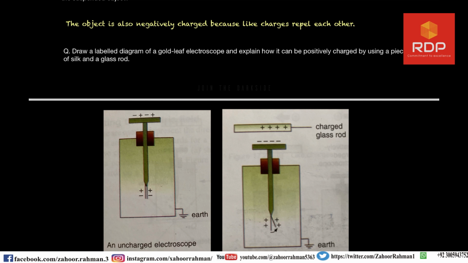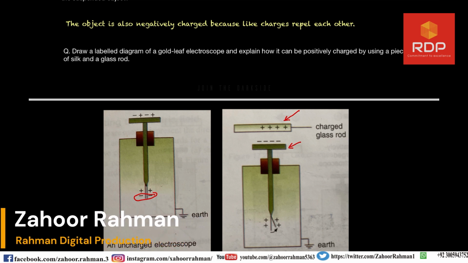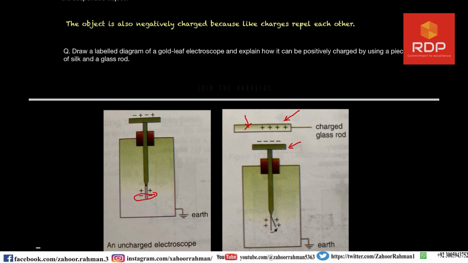First, we have to rub the glass rod with the silk cloth so that the rod will become positively charged, as you can see in the second figure. When we bring this positively charged rod near the disc, the negative charges will be attracted towards this positively charged rod, leaving only positive charges in this area.